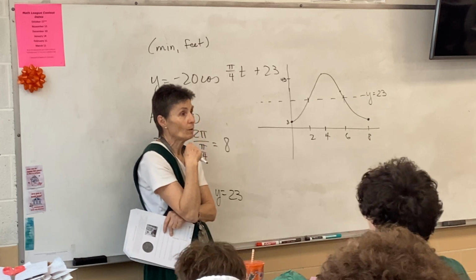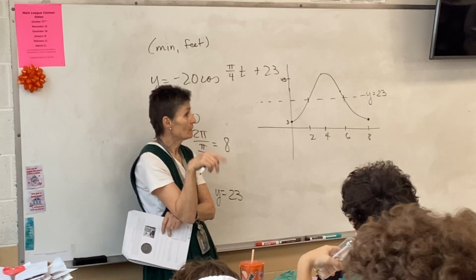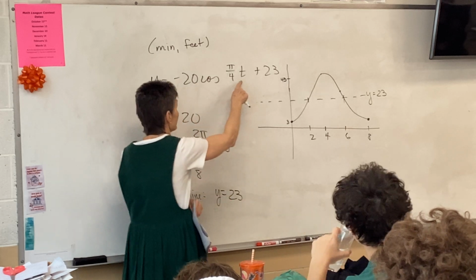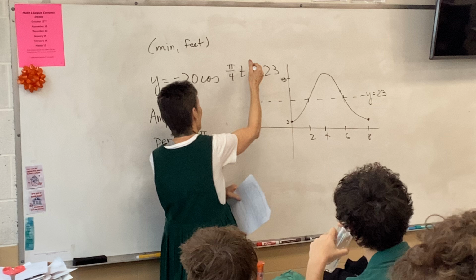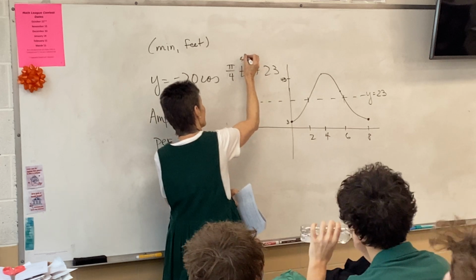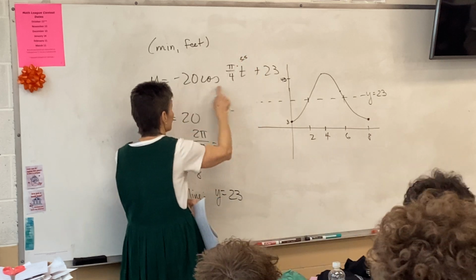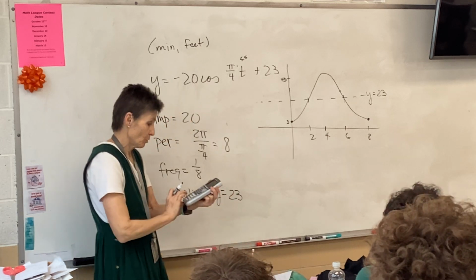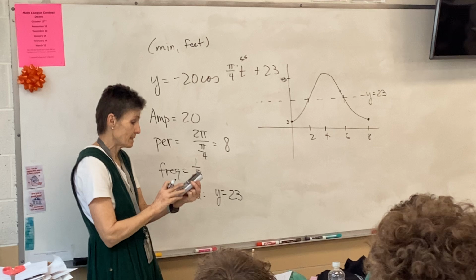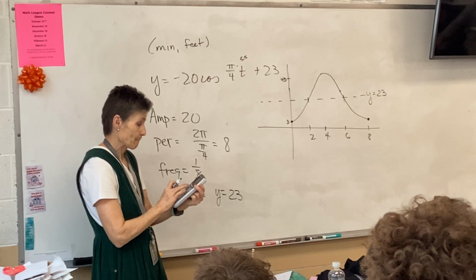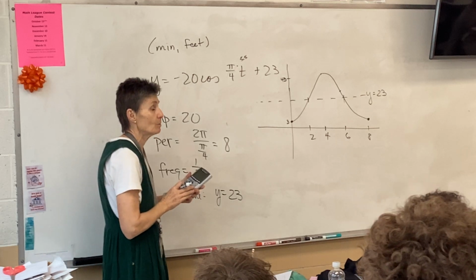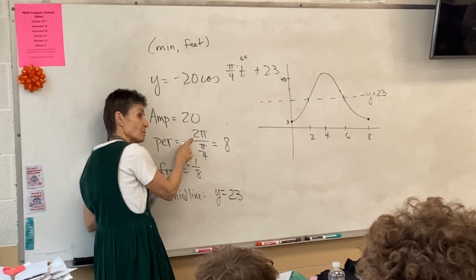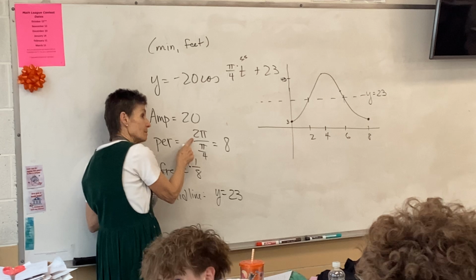We could also do what? We could do it on our calculator, because if we put time 5.5, we type this in, it should give us the answer. Now, make sure that your calculator is in radian mode. You need to be in radian mode. Because when I said the period was 2 pi, that's radians.